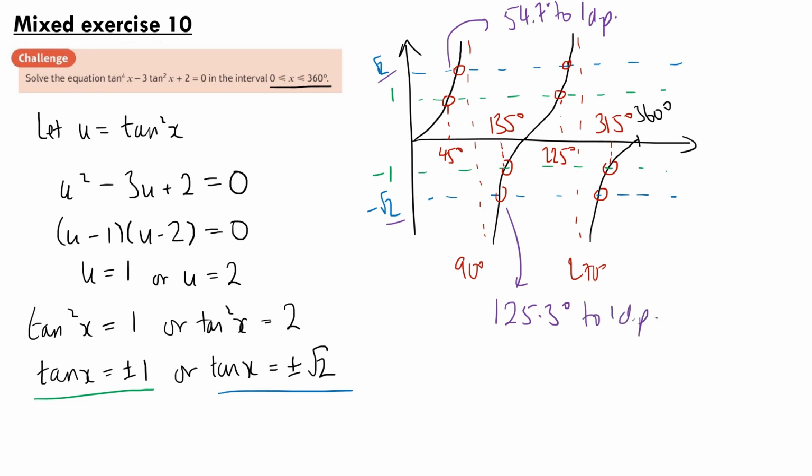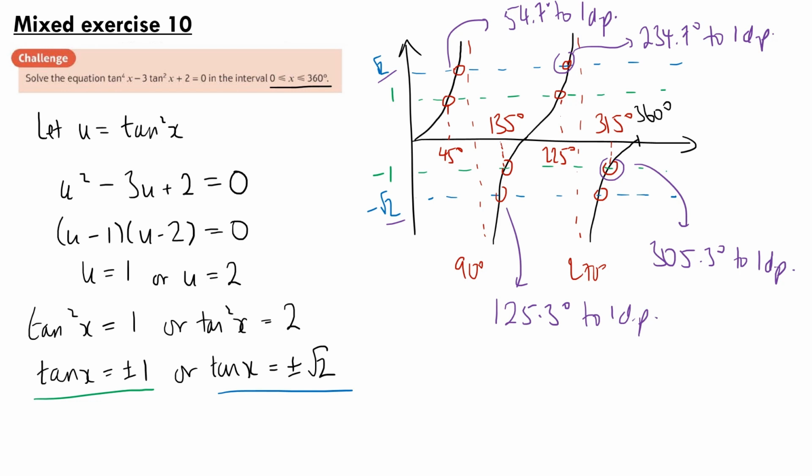And adding 180 to both, we get these solutions here and here. So adding 180 to 54.7 gives us 234.7 degrees to 1 decimal place again. And down here we get 305.3 degrees to 1 decimal place.